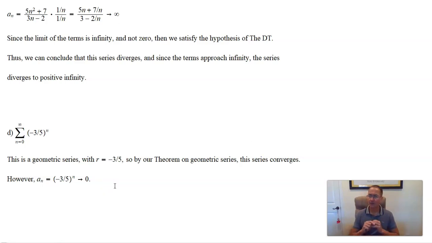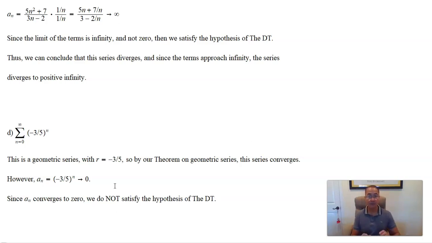So, do we satisfy the hypothesis for the test of divergence? No, we don't. The geometric sequence converges to 0. Since a sub n converges to 0, we do not satisfy the hypothesis of the divergence test.